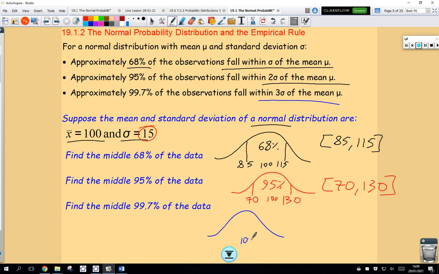My mean is 100. 3 standard deviations, well, that's 3 15s, which is 45. 45 less than 100 is 55. 45 more than 100 is 145. So that's 99.7% of the data in there. So the middle 99.7% of the data is the interval from 55 to 145.